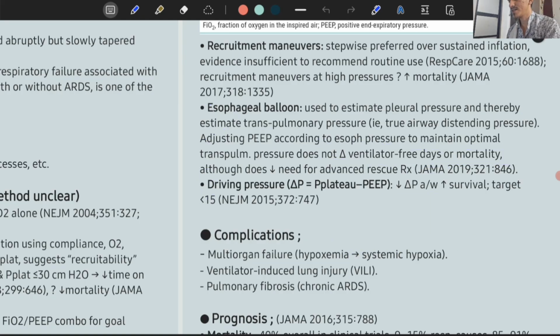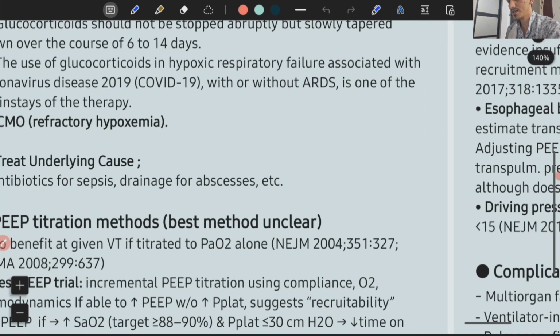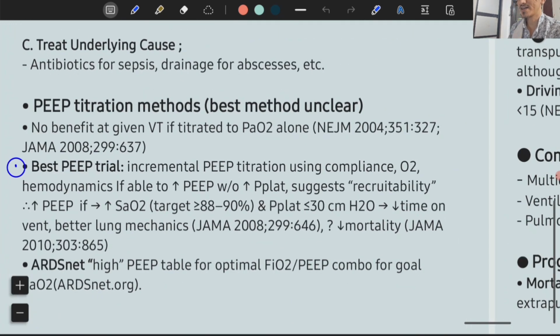So the most important, if I just go back, of these three which we have discussed, the best is this one. You titrate the PEEP according to the P plateau pressure. If you titrate PEEP and the P plateau pressure is not increasing, that is a very good sign.